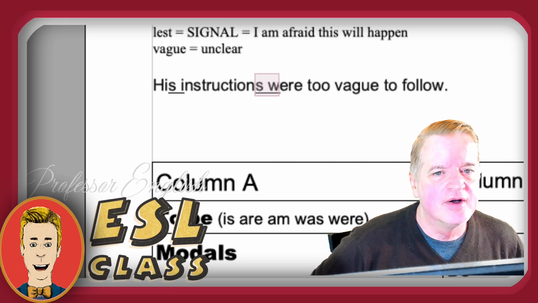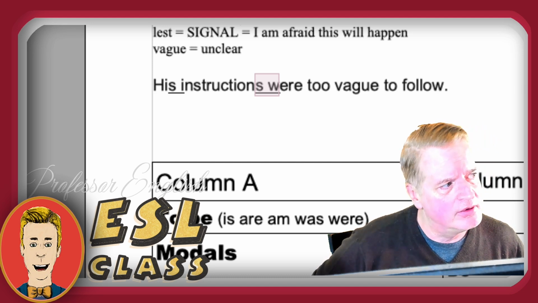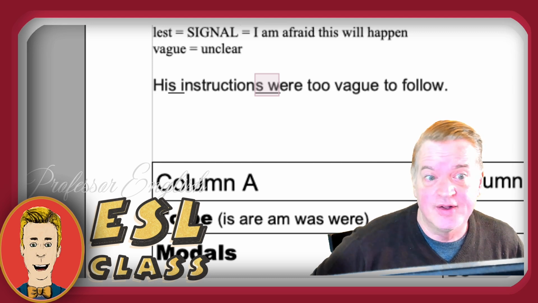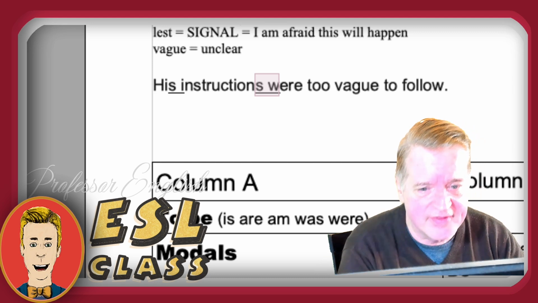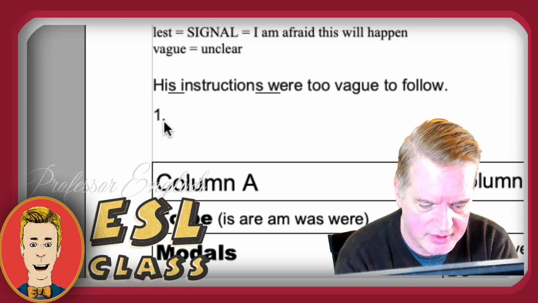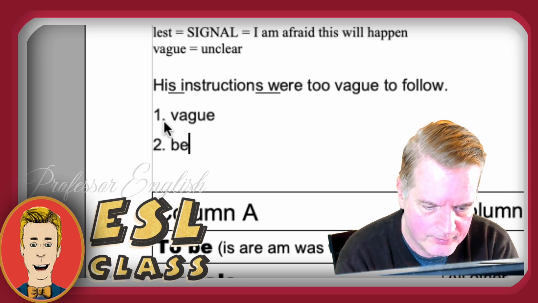Mohammed, what do you think about the next word? Vague. What do you think about that vowel sound? Is that a big vowel sound or a little vowel sound? Big. Okay. Well, I think we better write two words down here, because I think we have a little problem.